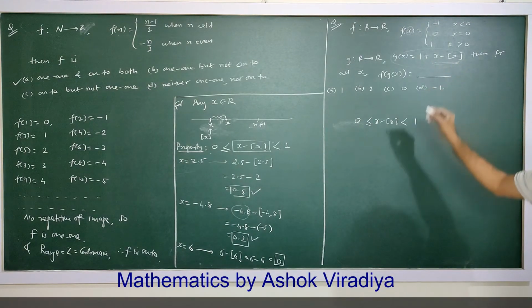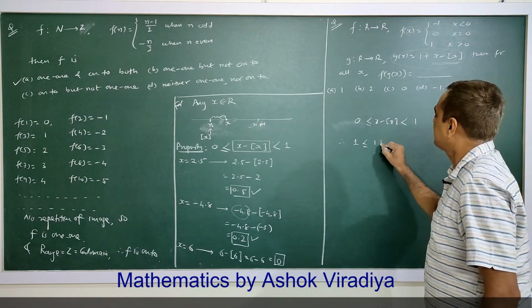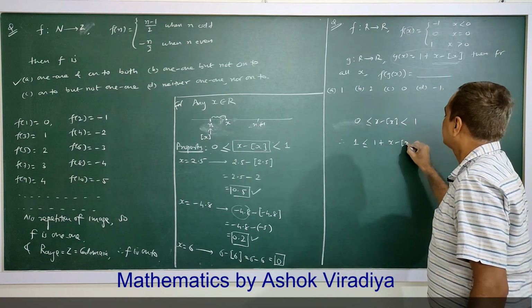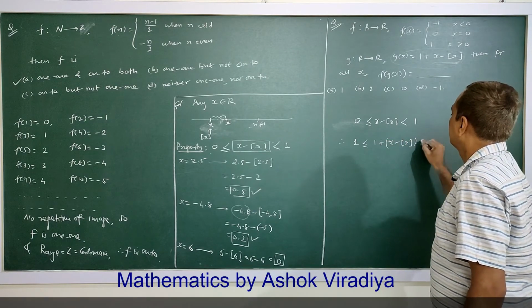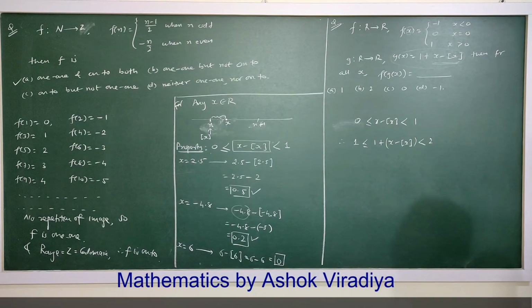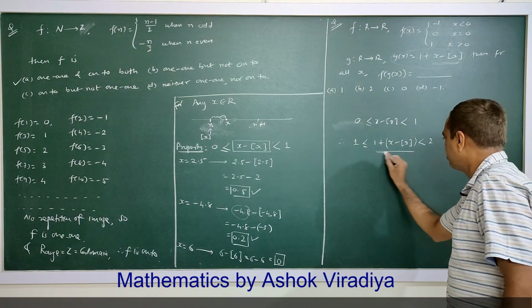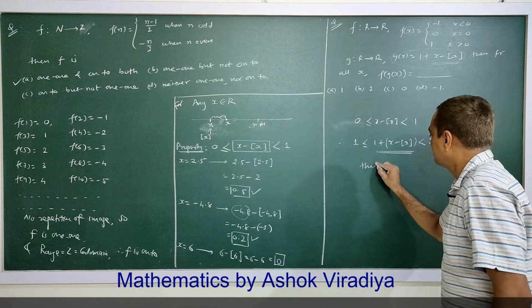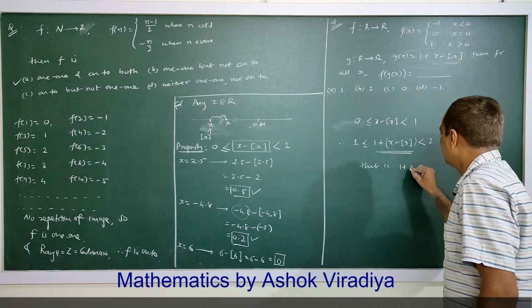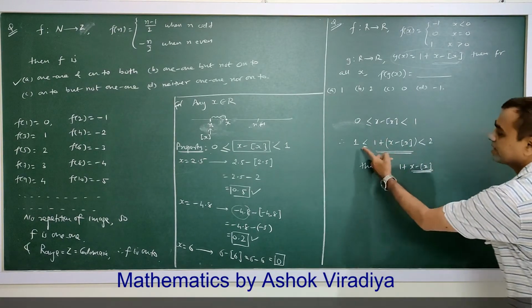Now I am adding 1, so 1 plus x minus [x] is between 1 and 2. So it means this is positive, more than 1.